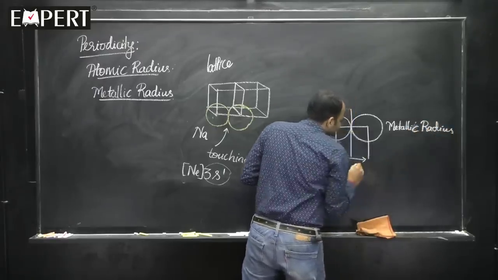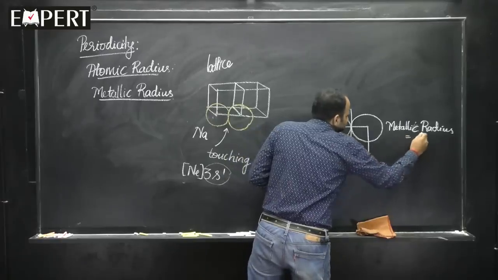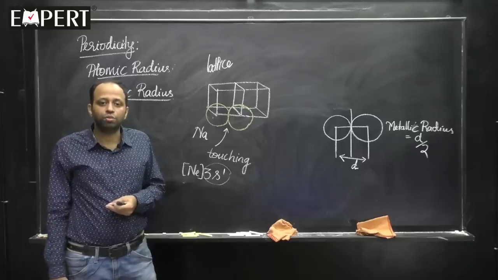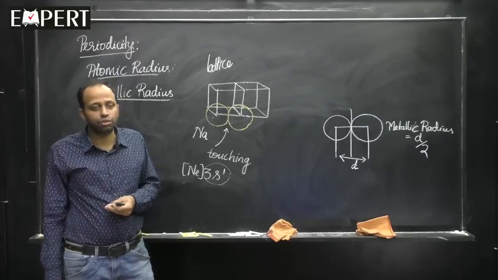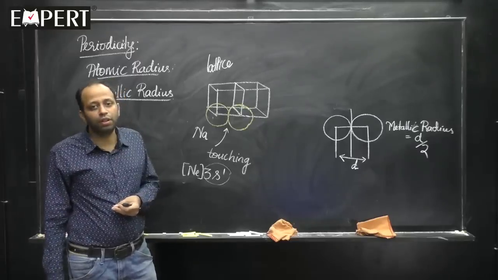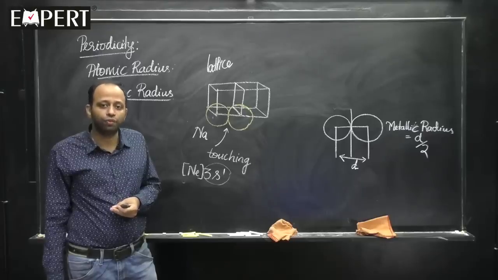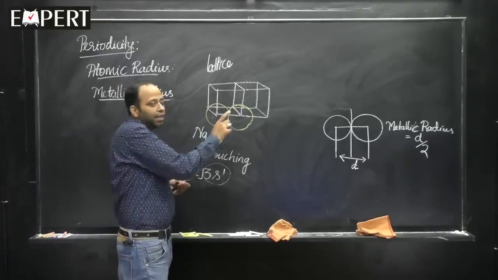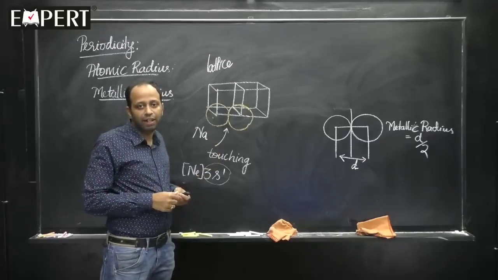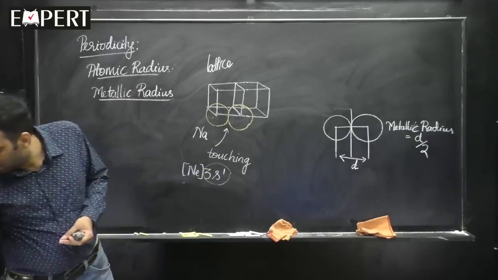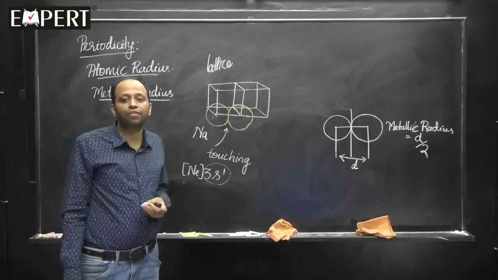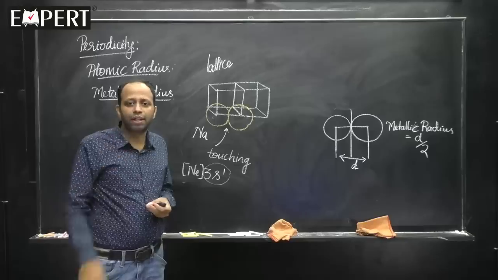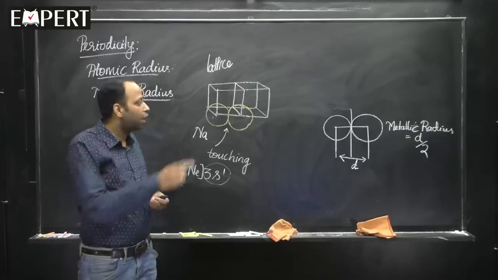So, if I write this as d, then metallic radius is going to be d by 2. Clear? So, this is what we call as the metallic radius. So, it is what? Half the distance in between the 2 nuclei of atoms of the same metal in a lattice, that is basically called as the metallic radius. This is there in page number 94 of your study material. Again, mark it as important, you may get it as a 1 mark question. I hope you understood what.